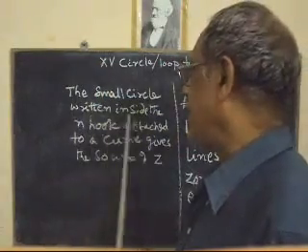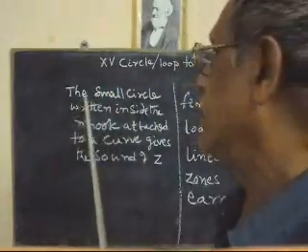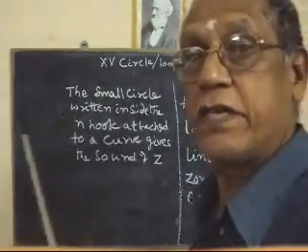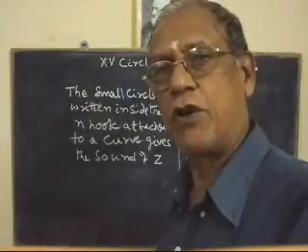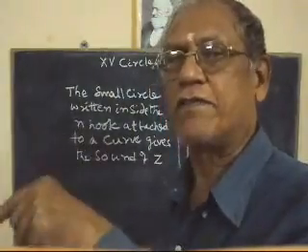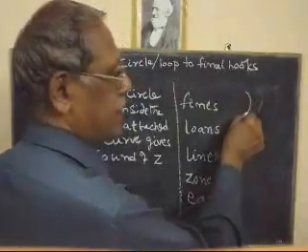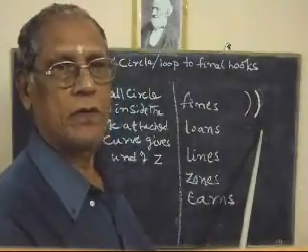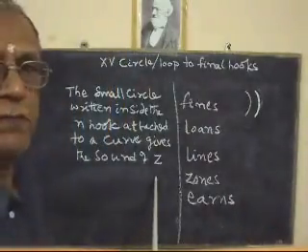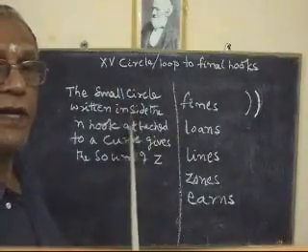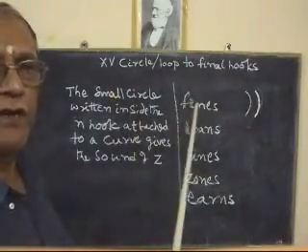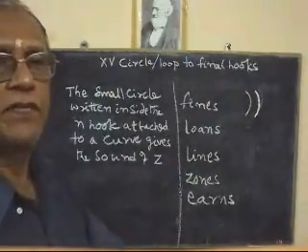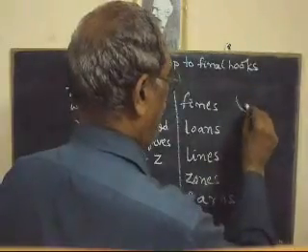The small circle written inside the N hook which is attached to a curve gives the heavy sound of Z. Z is a heavy sound. S is a light sound. Here the small circle written inside the N hook which is attached to a curve gives the sound of Z, the heavy sound of Z. Fine.